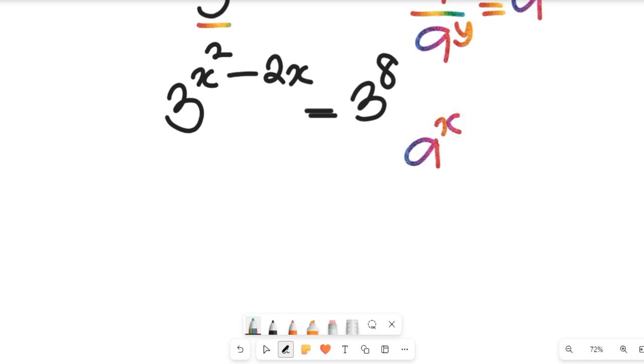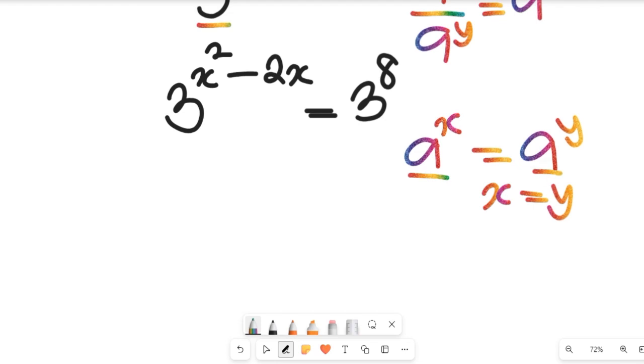Great. Now we are going to look at also another expression: if we have a to the power of x equating a to the power of y, we can see that x can be equal to y because they have the same base. So if we equate this expression, we can also equate this. So this will give us x squared minus 2x to be equal to 8.